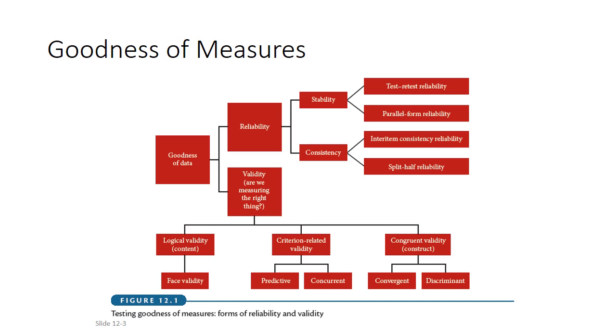Then criterion validity, that is predictive and concurrent, and construct validity, which is more famous. So convergent and discriminant validity are the dimensions of construct validity. This is the most important one as far as statistical analysis is concerned.